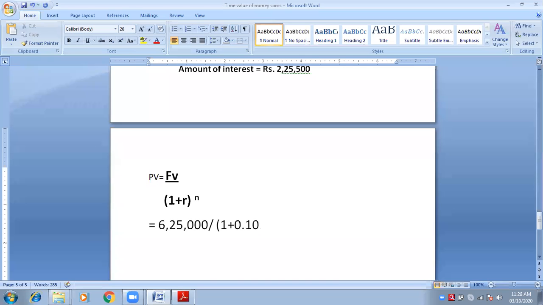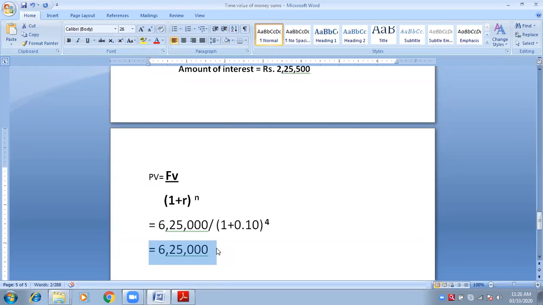So it is 0.10, raised to 4. Next we will write 6,25,000 the same.